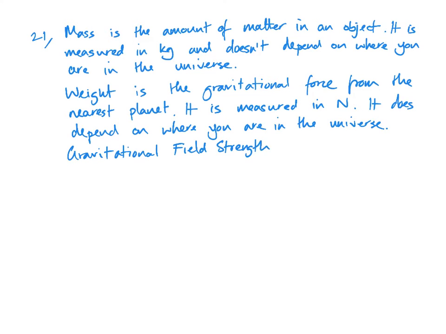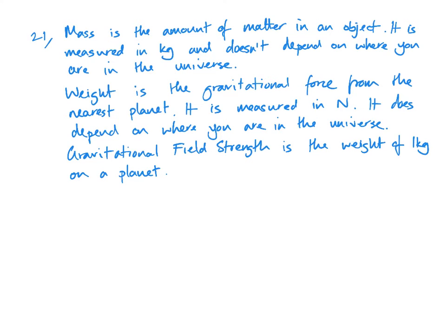Now, a lot of people mix up weight and gravitational field strength. You need to spend a wee bit of time memorising what they mean. Gravitational field strength isn't any old weight, it's a weight specifically of 1 kilogram.